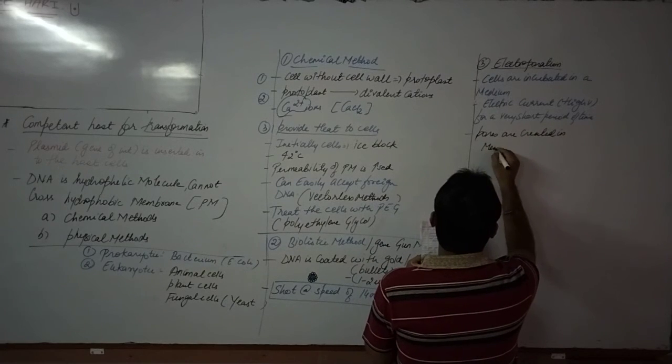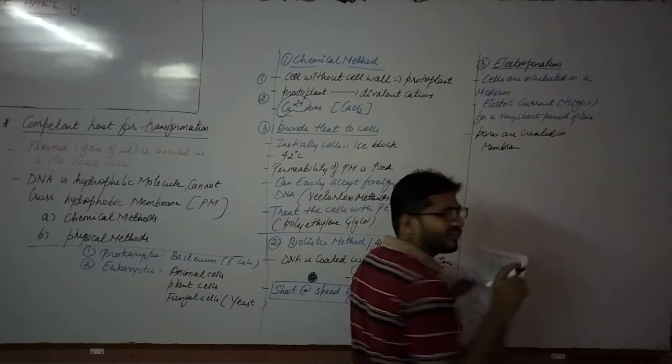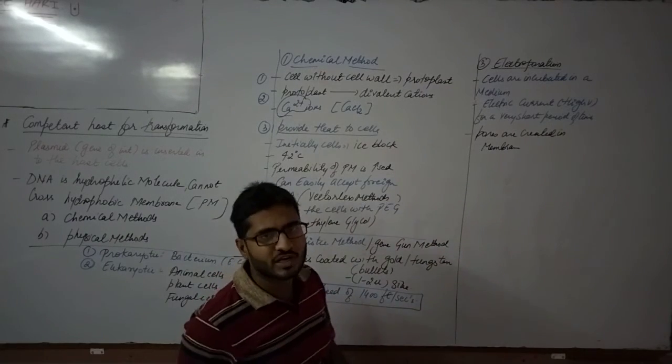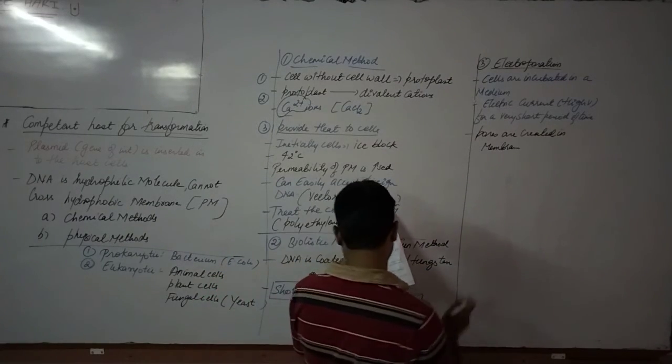When the membrane becomes highly porous for a fraction of a second, then DNA can easily enter into the cell through that pore.